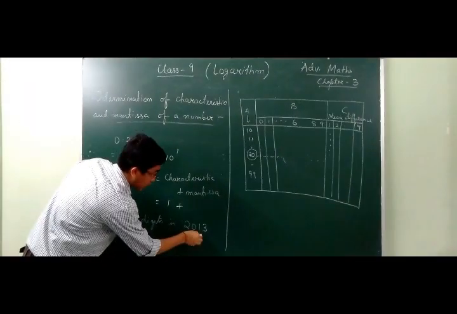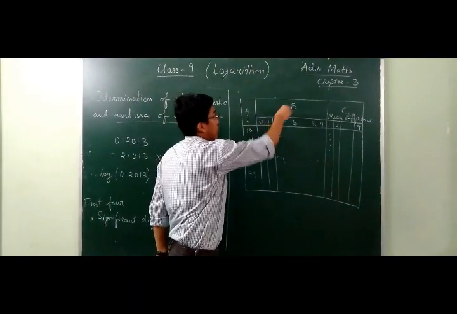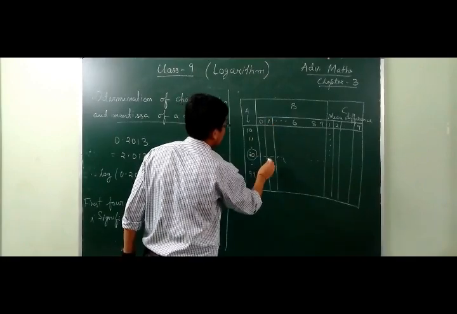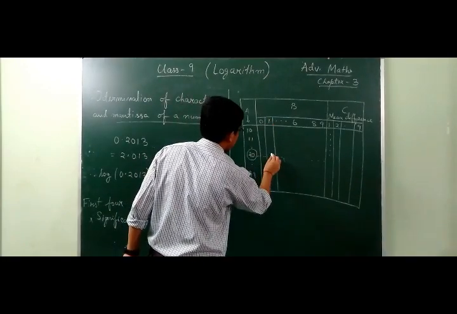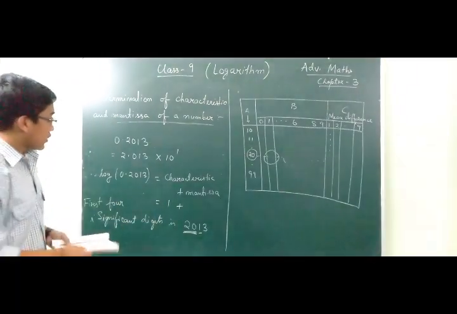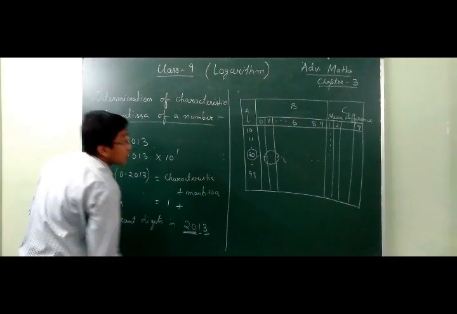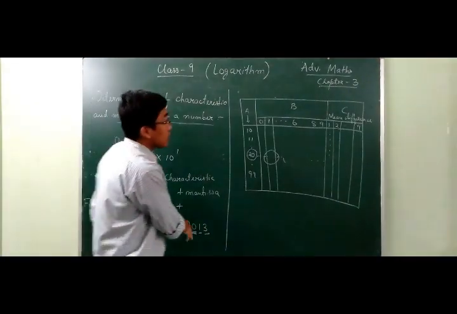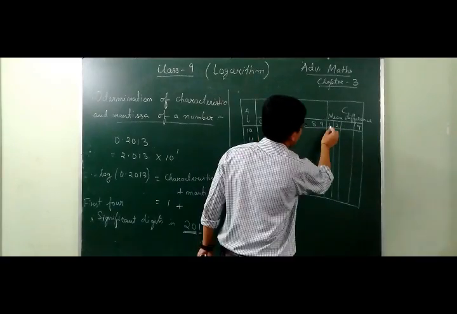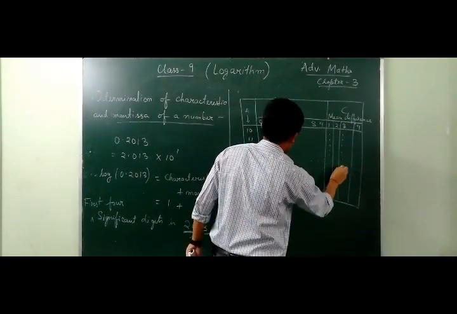Next, what is the third digit? This is 1. This 1 you will check from the B, so this is 0, 1. My number will be somewhere here. Next, the last one is 3. The 3 comes from the mean difference column. So here I have 1, 2, 3, and this will be somewhere here.